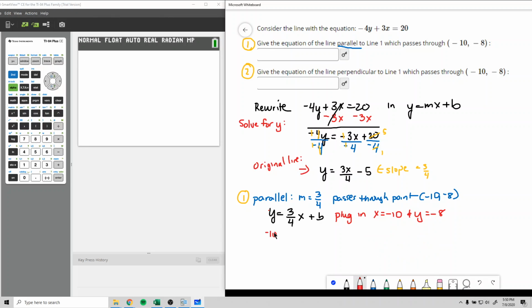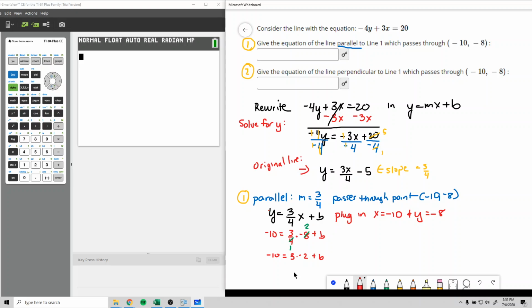We get -8 equals 3/4 times -10 plus b. We can simplify a little bit because we can take a 2 out of the -10 and the 4 to give us a 1 on the bottom. So we get -8 equals 3 times -2 plus b.